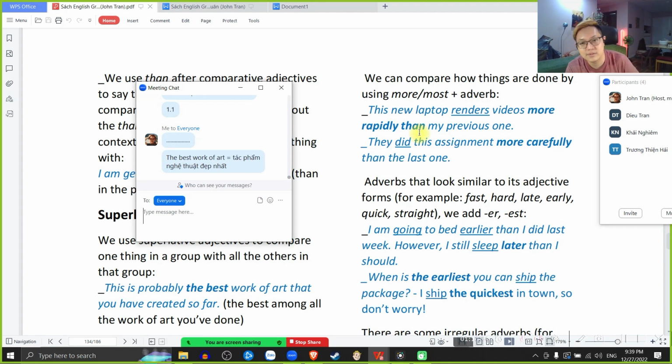Adverbs that look similar to its adjective forms. For example, fast, hard, late, early, quick, straight. We add er, est.